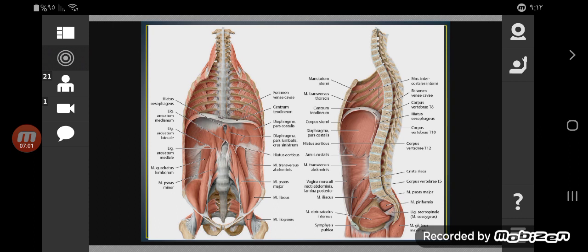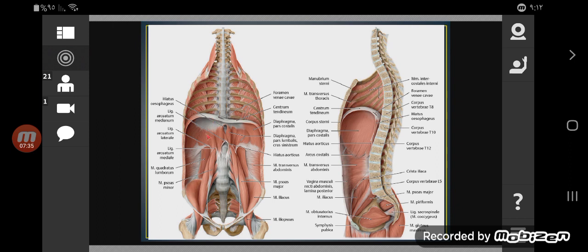On the contrary, the diaphragm has a central tendon. In a typical muscle, the muscular fiber is between two tendon ends.